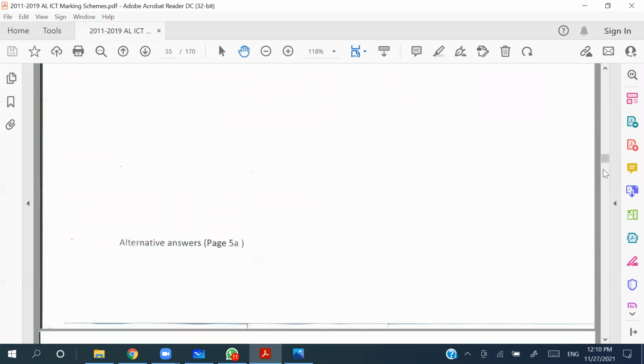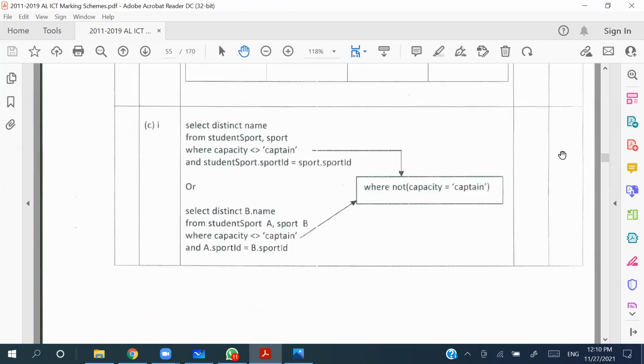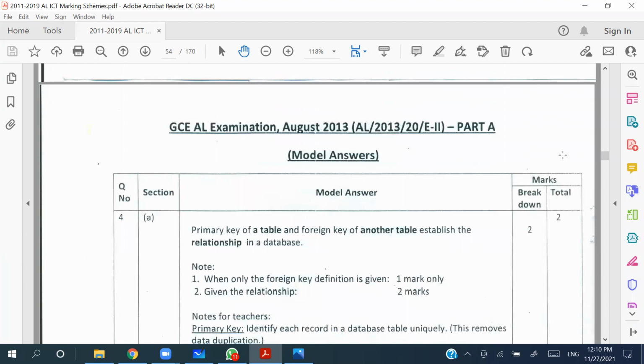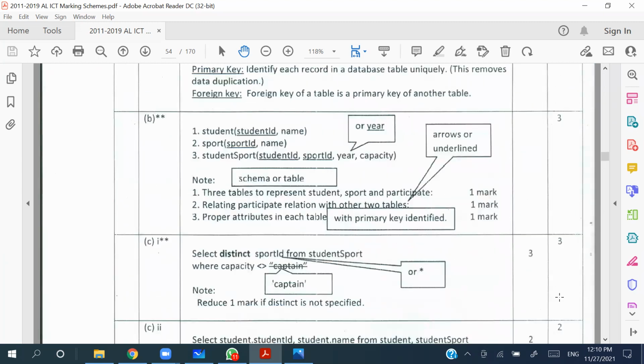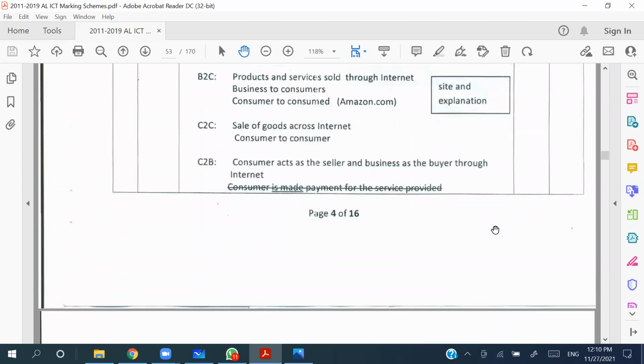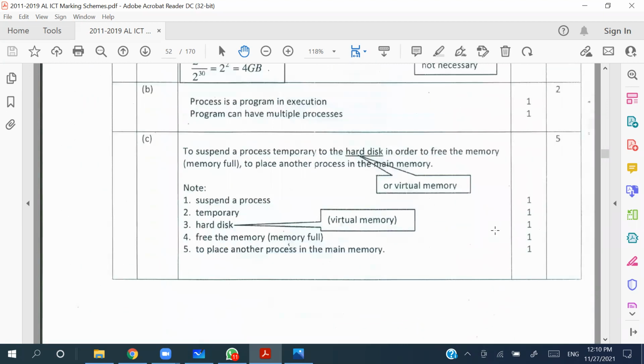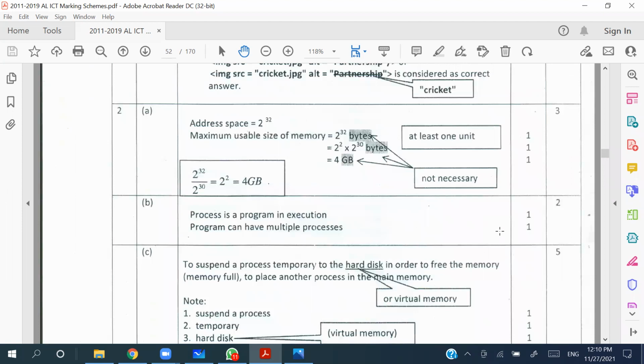Oh, did I miss anything? Where is this? Where is this? Oh, yeah, it's it.